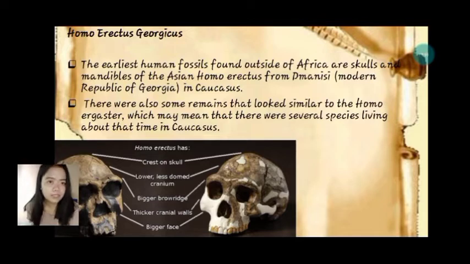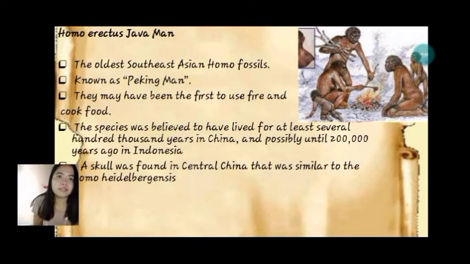So they have a less dome cranium, bigger brow bridge, thick cranial walls and a bigger face. There were also some remains that look similar to the Homo ergaster. Yung ergaster is yung nasa right side, then ito yung nasa left is the Homo erectus. So, Homo erectus Javaman.